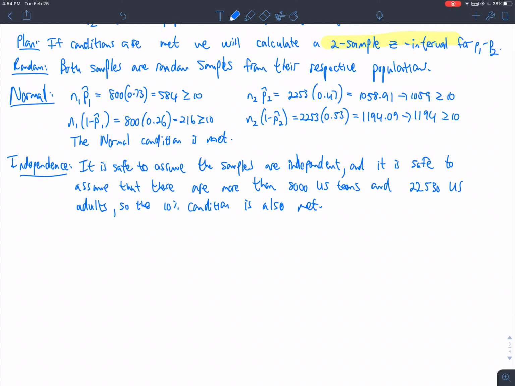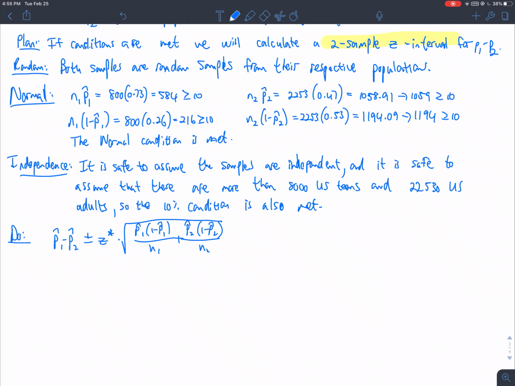All right, so then the last step here would be to actually do the calculation now. Conditions are met, we seem satisfied. So we do p hat 1 minus p hat 2 plus or minus z star times the standard error, which is p hat 1 times 1 minus p hat 1 over n1 plus p hat 2 times 1 minus p hat 2 over n2.